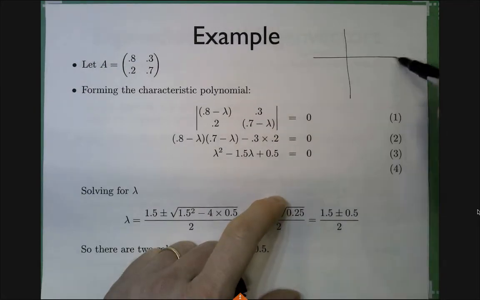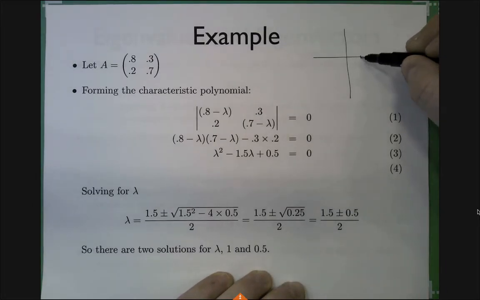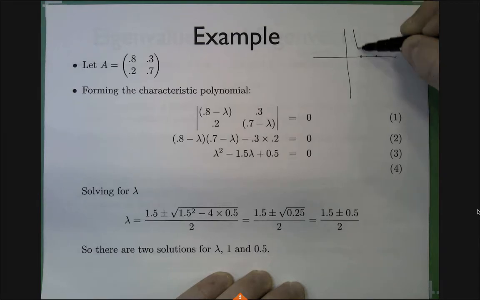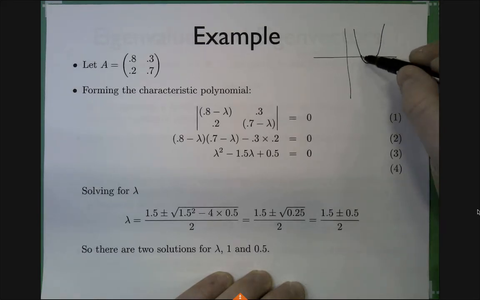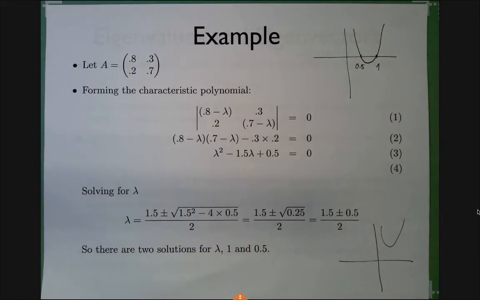Because that quadratic polynomial is always a parabola. In this case, I was lucky because the parabola intersected the x-axis at 2 points, 0.5 and 1. That does not always have to happen, right? I can easily get a parabola which looks like this. Whoops. And no solution, unfortunately. And no eigenvector.